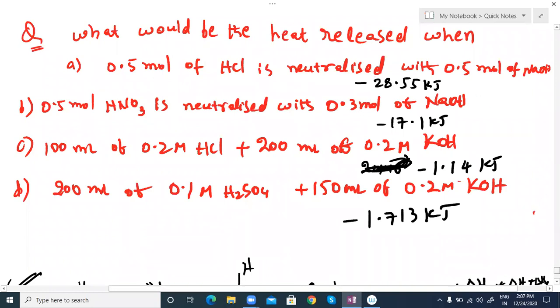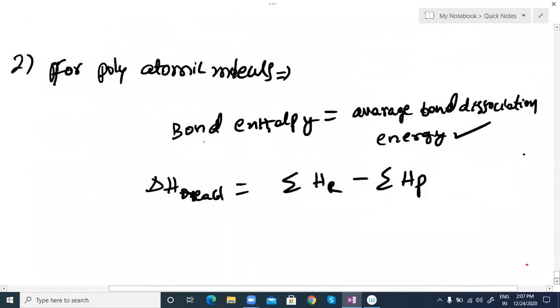So what we discussed last class? When the bond enthalpy is given, in the case of a reaction, delta H is reactant minus product. Got it?